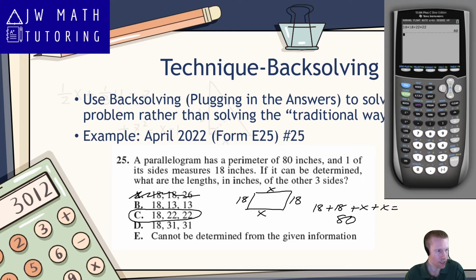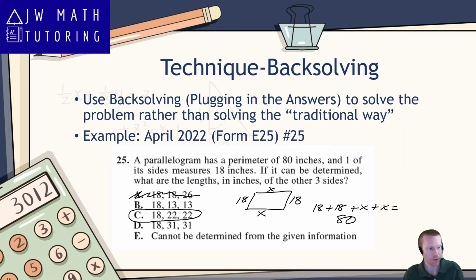In other words, what the other sides have to be. So again, that's the first example of how you can use the answer choices, back solving, to plug them in and solve a problem in a much quicker and more efficient manner to save time on the test compared to the traditional methods.